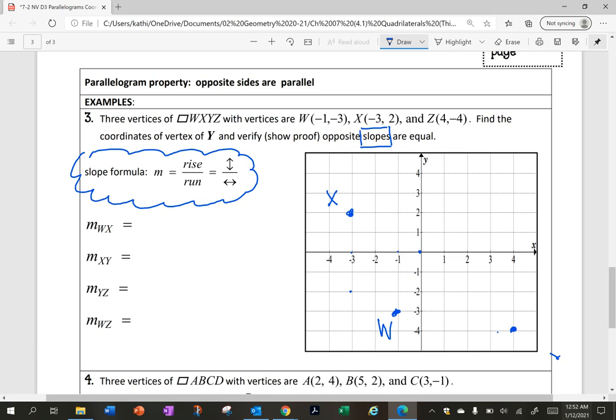Okay, so when we are naming our polygons, we name them consecutively. So it's going to be WX. So I know Y is over here on the top right somewhere, Z. So I want to find the coordinates of Y.